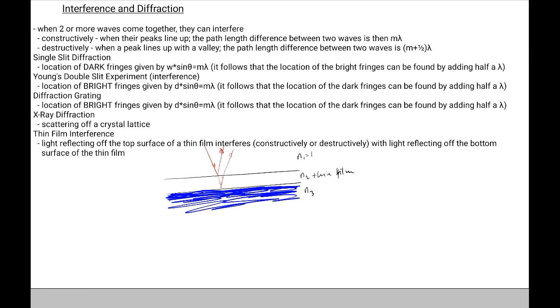These two beams are meant to be parallel, not so much in my drawing, but the path that this beam takes versus the path that that beam takes is just like we had with X-ray diffraction.